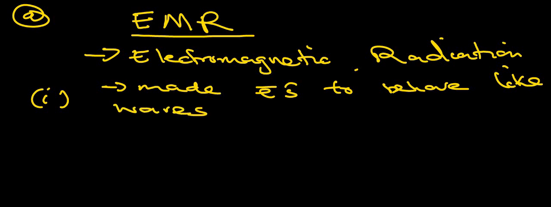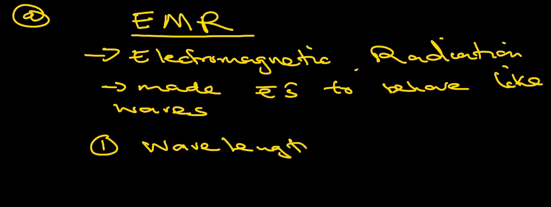So like from your physics, we're now going to say these things, first and foremost, the first thing we're going to discuss here is that these things actually have a wavelength. That's the first thing that we're going to say.